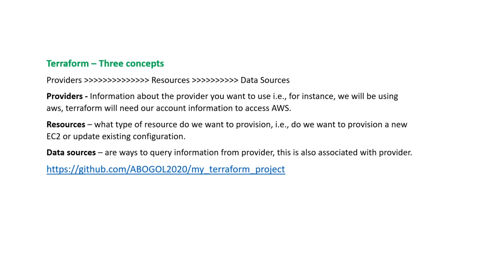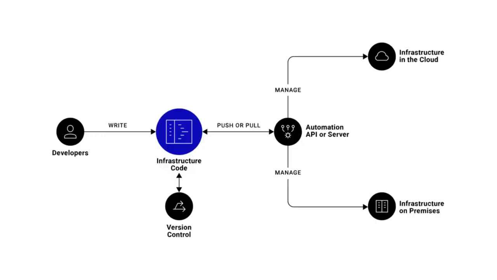Resources. What type of resources do we want to provision? Do we want to provision a VM or an EC2 machine or update an existing configuration? Then we talk about data sources. These are ways to query information from the provider. This is also associated with the provider.